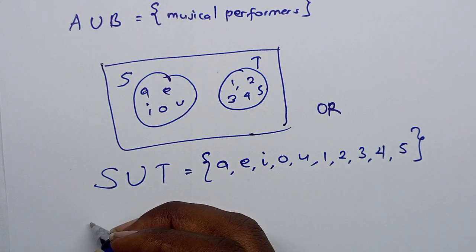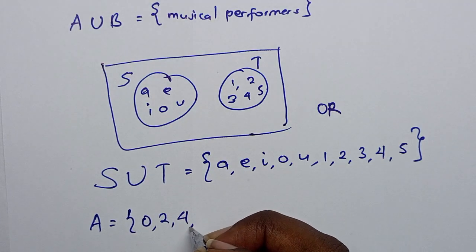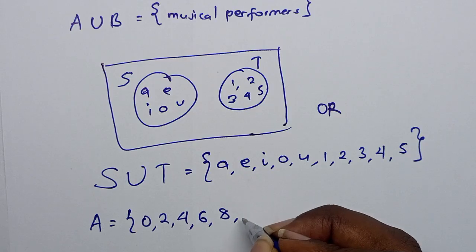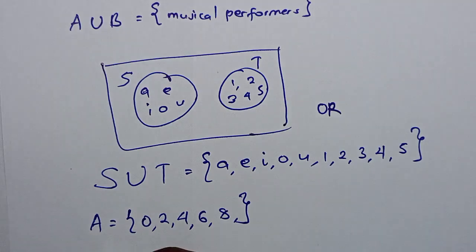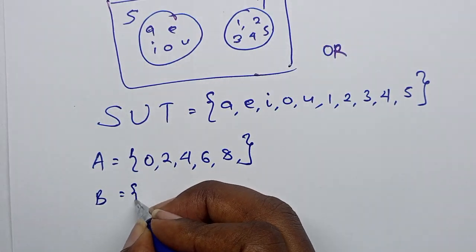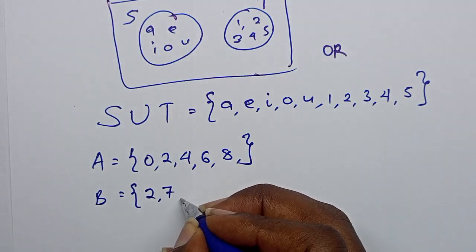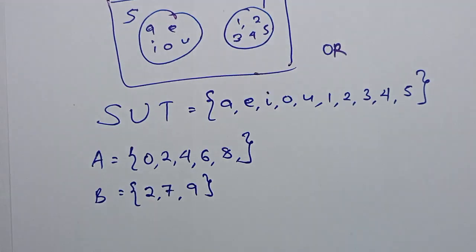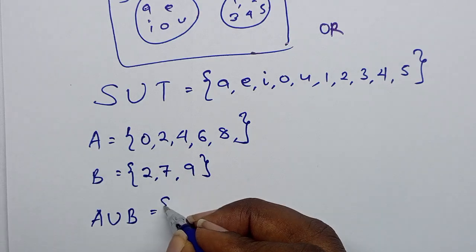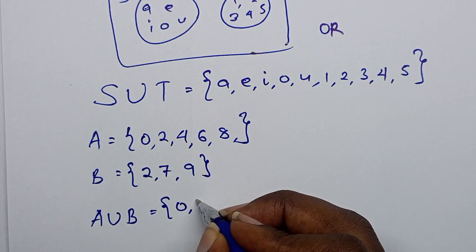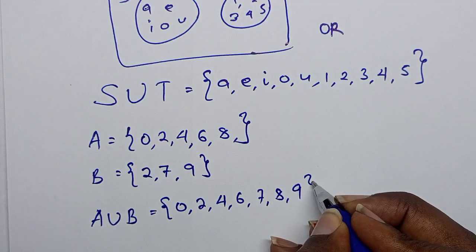For example, if you have a set A having 0, 2, 4, 6, 8, and then you have a set B which has elements 2, 7, 9. So A union B will be equal to 0, 2, 4, 6, 7, 8, 9.